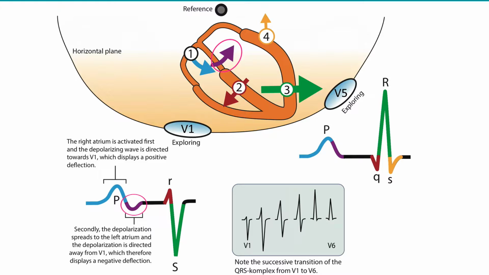That's right. The P wave in V1 may actually be biphasic, as you can see here. That is, the initial portion is positive, but the terminal portion may be negative. And this is not always the case, but it's quite a common finding, and it is explained by the fact that the vector generated by left atrial activation is directed away from V1.